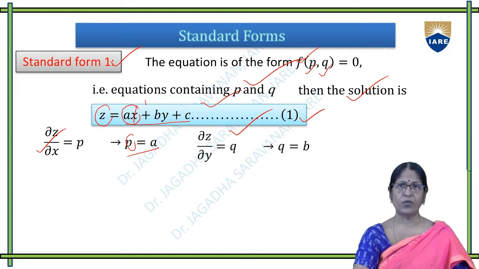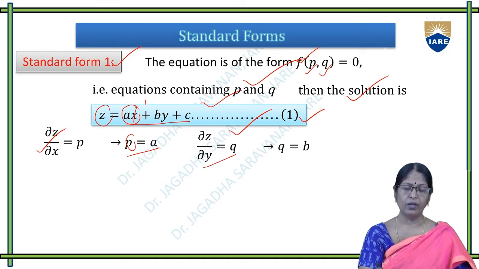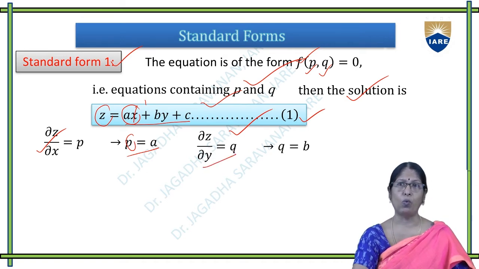The same step we have to do for the variable y. So dou z by dou y is equal to q.